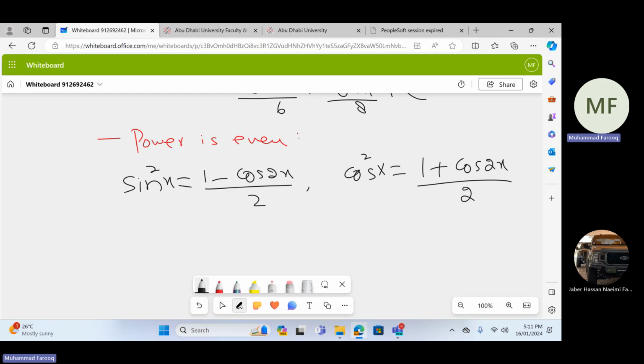Otherwise, I open the question from the cosine squared or sine squared. Any questions?